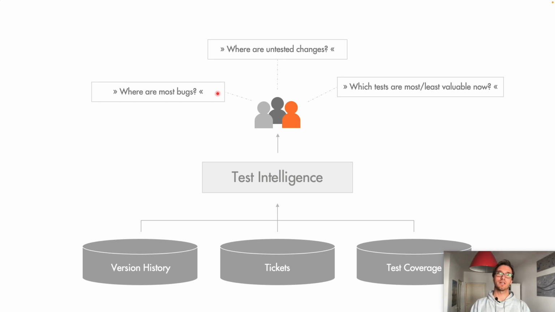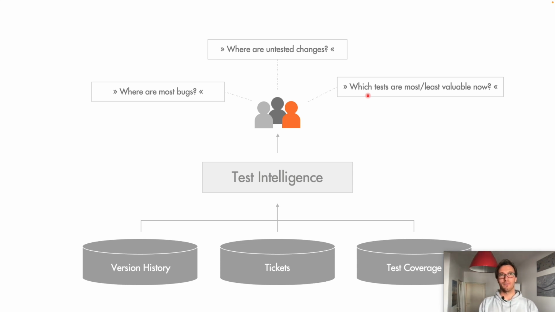Where do the most bugs occur in my software system? Are they all in one module or different modules? And can I take some countermeasures against those bugs? And regarding the test execution, are there maybe tests that are more valuable than others to execute right now?